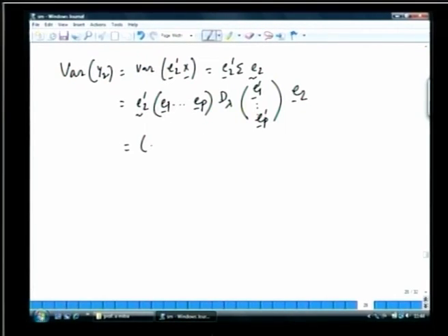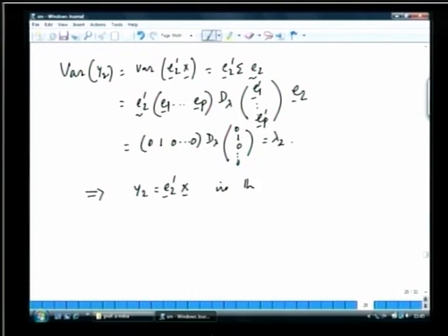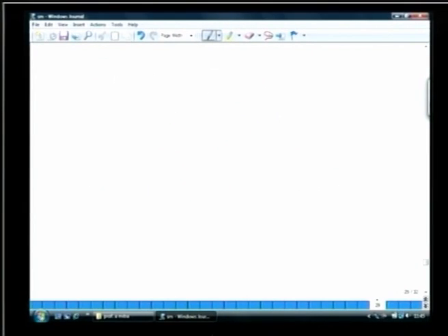So, this is basically 0, 1, 0, 0, then you have d lambda, and then again 0, 1, 0 to 0, which gives you lambda 2. So, all these things sum up to the conclusion that y2 is E2 prime x, the second principal component.